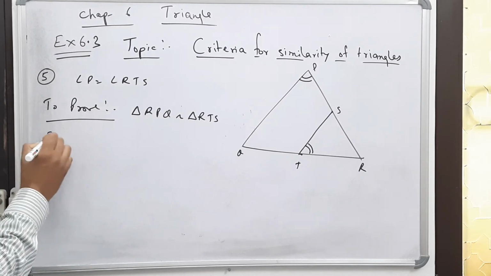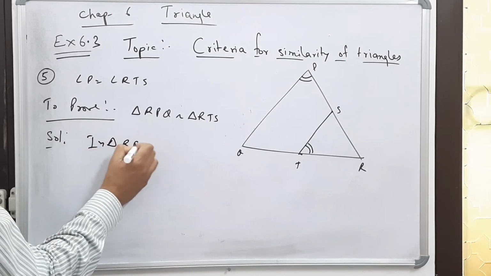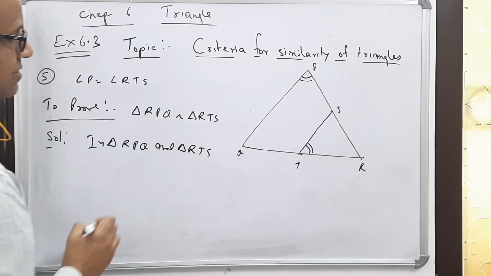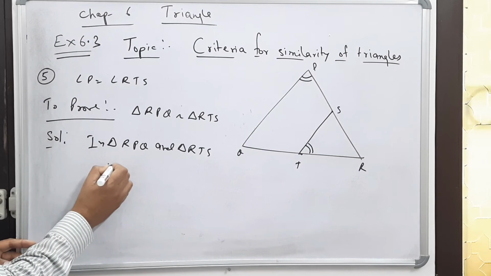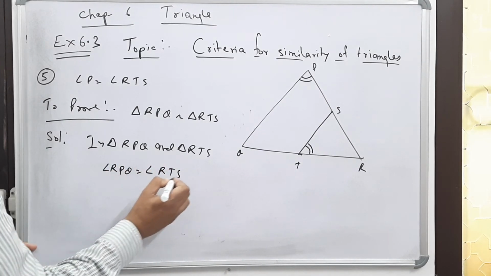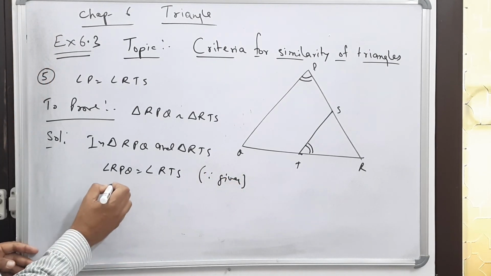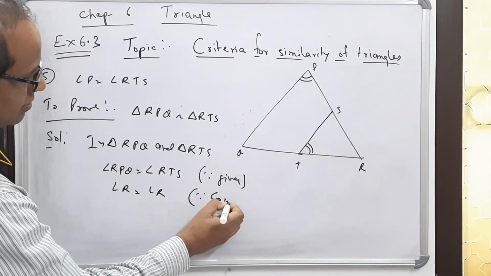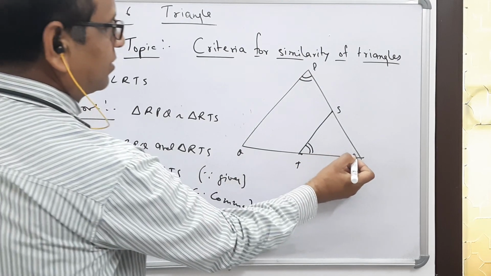You see the solution of this, the proof. In triangle RPQ and triangle RTS, the first part is angle RPQ equals angle RTS. Why is it? Because it is given in the sum, and angle R equals angle R because it is a common angle. See this angle.